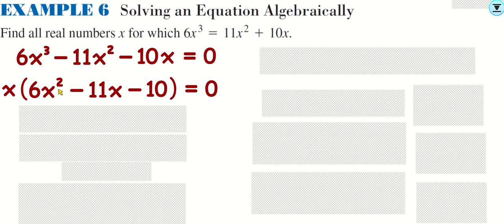And then after doing a GCF, you always check to see if the factor that corresponds along with the GCF will factor again by what a lot of people call unfoil. So we brought out an x, but can this 6x squared minus 11x minus 10 factor again by unfoil, basically into two binomials?